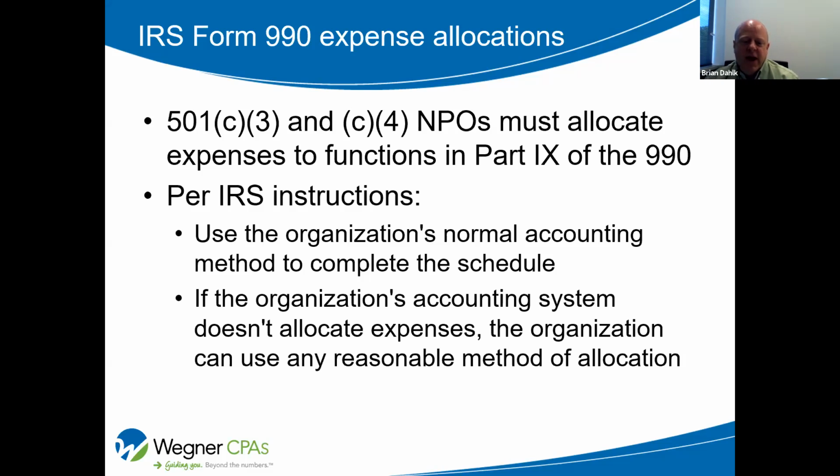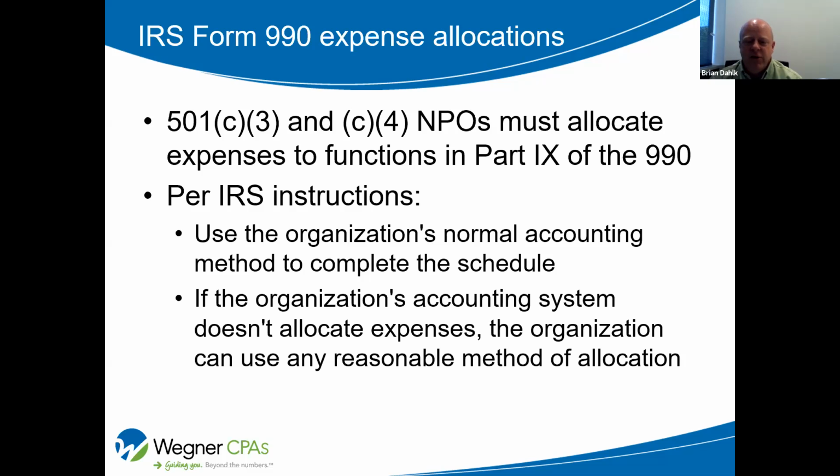If you don't have financial statements that have a cost allocation done, then you can use any reasonable method of allocating the costs. The IRS doesn't explicitly say that you have to use methods prescribed by GAAP.